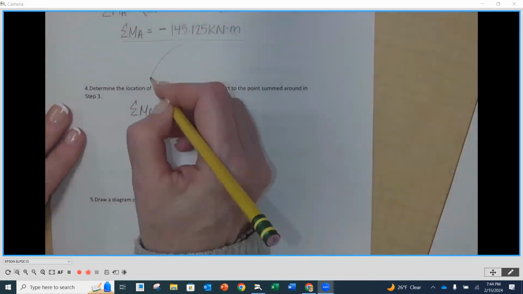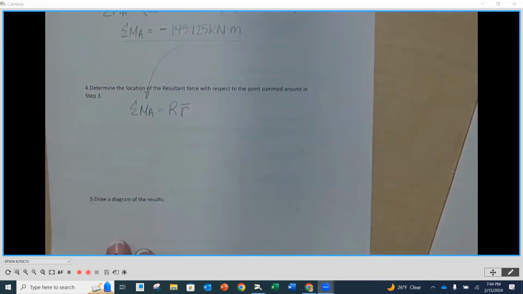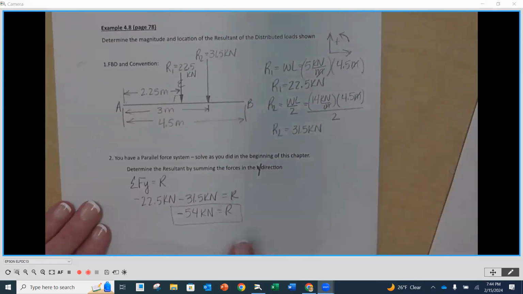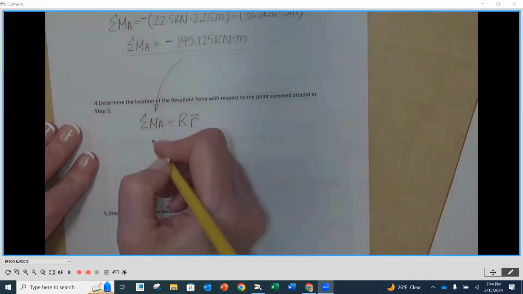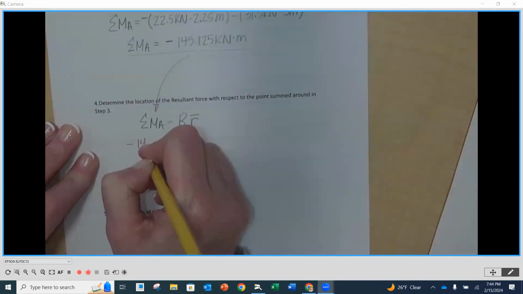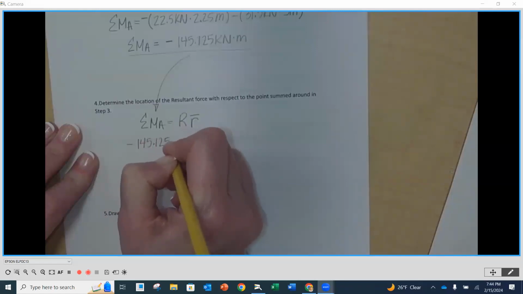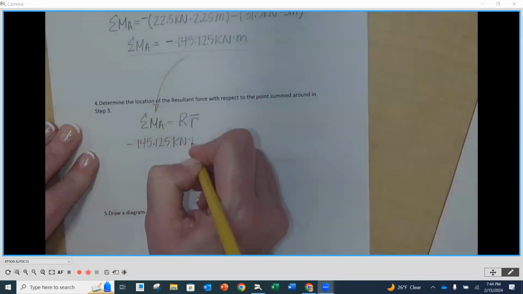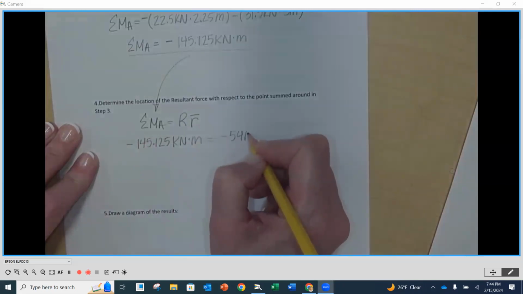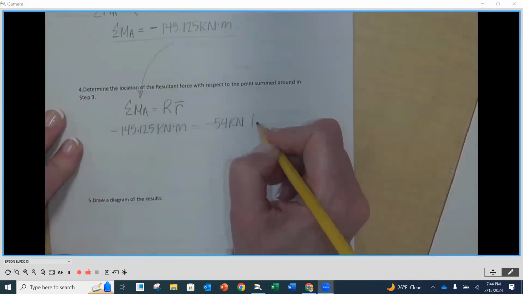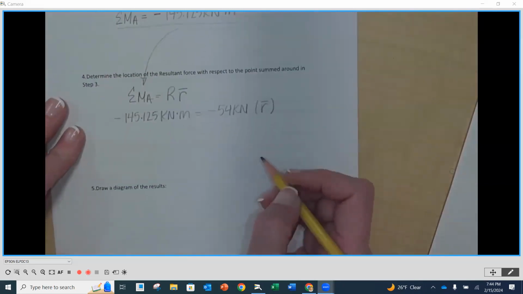So I'm going to take this number and put it here. My resultant was a negative 54, and then my R bar will be the only unknown. So negative 145.125 kilonewton meters is equal to negative 54 kilonewtons times R bar.